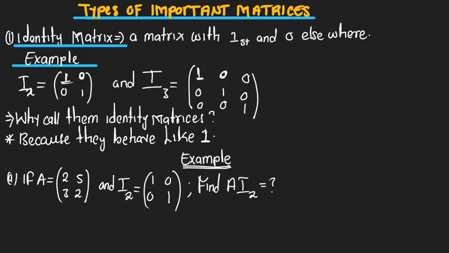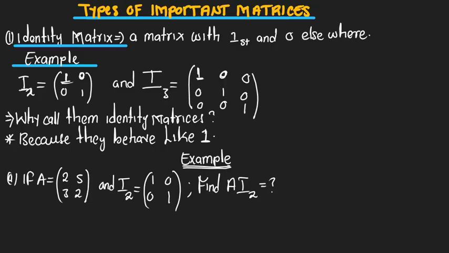Now, why do we call them identity matrices? We call them identity matrices because they act like 1. They have a behavior like 1. 1 multiplied by 1 million is 1 million. 1 multiplied by B is B. Whatever you multiply by 1 returns back.